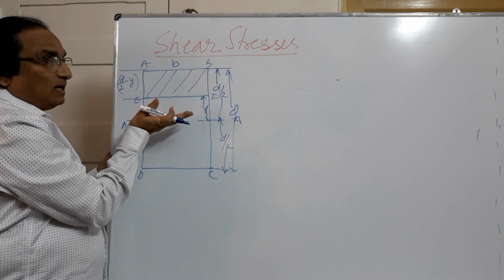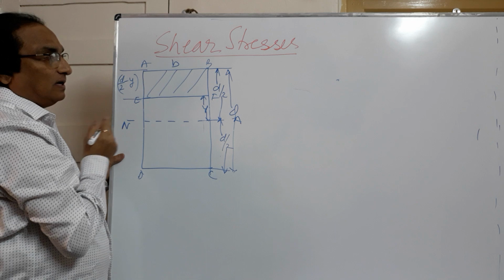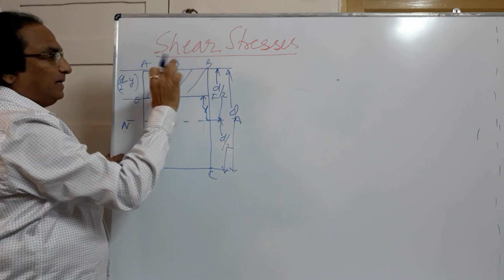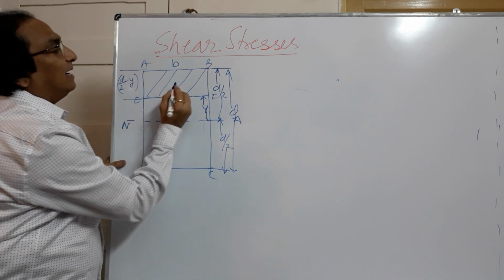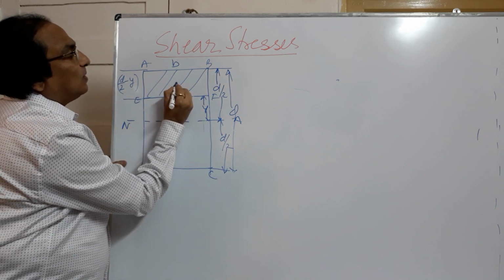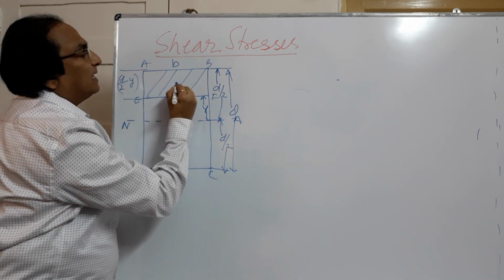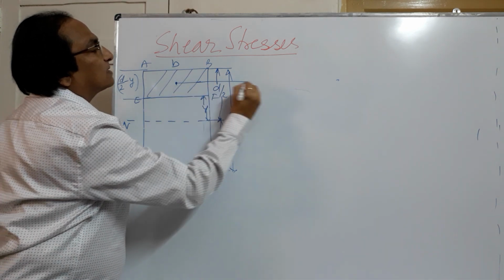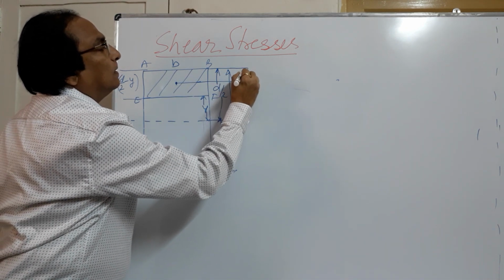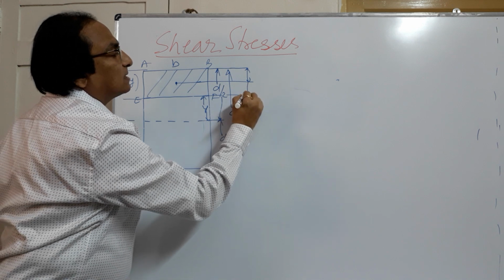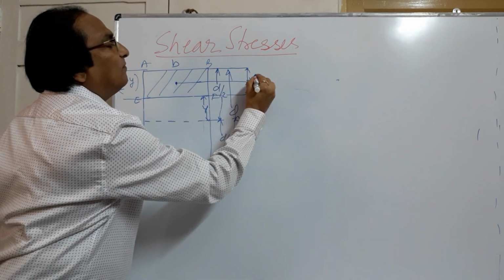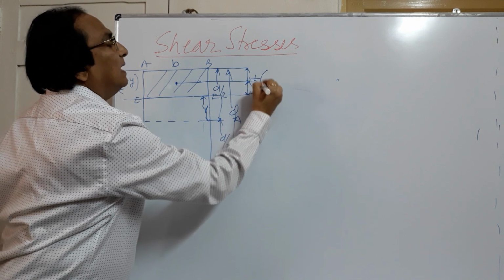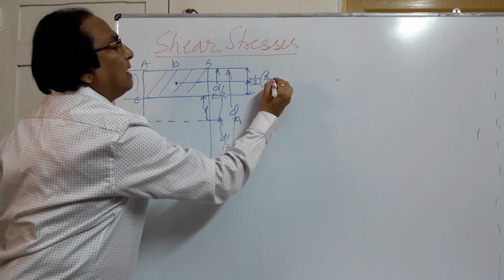We need the moment of the area above the level. So moment of area will be B into this distance, D by 2 minus y, and it will act at the centroid. This distance will be half of D by 2 minus y.